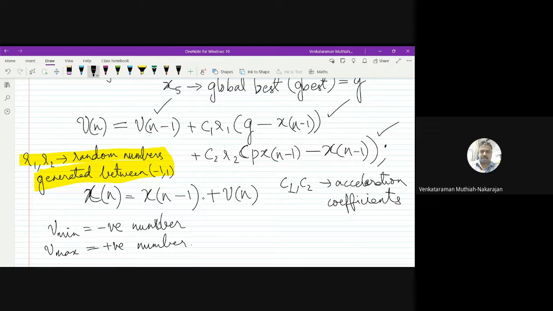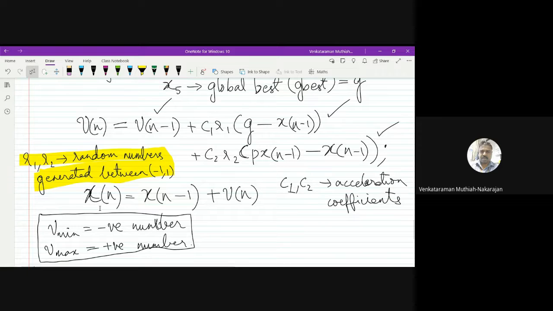You can choose to reduce or increase the velocity, but this condition must always be maintained. Otherwise, the swarm will move in only one direction. It won't move in the reverse direction, and then you won't get any optimization.